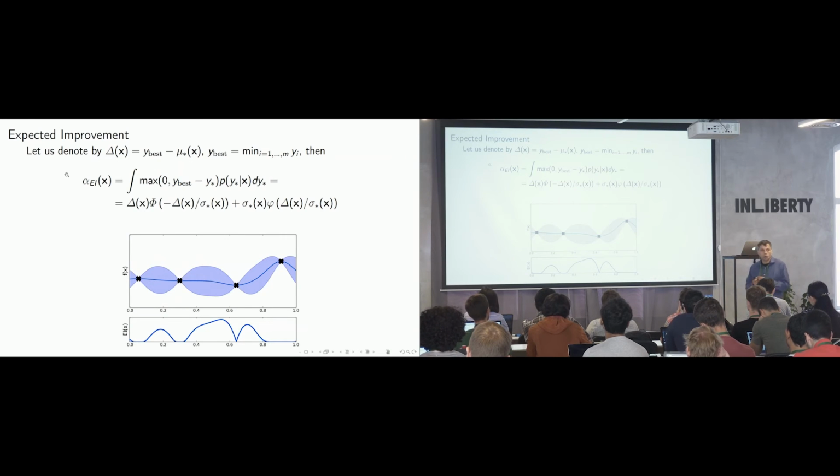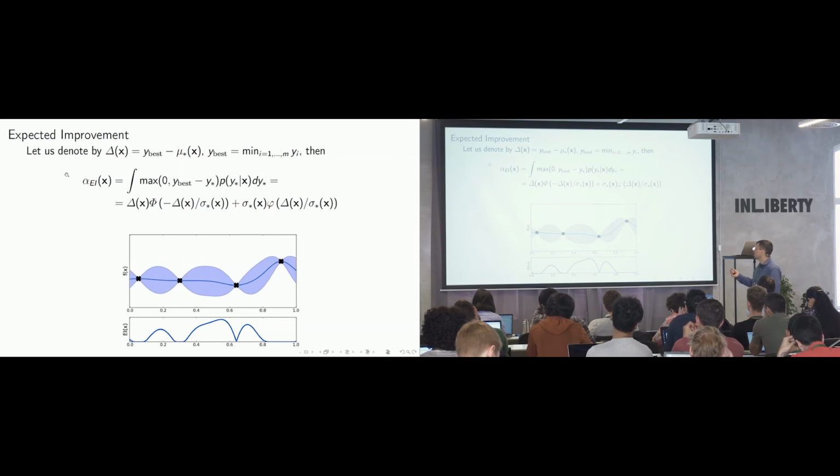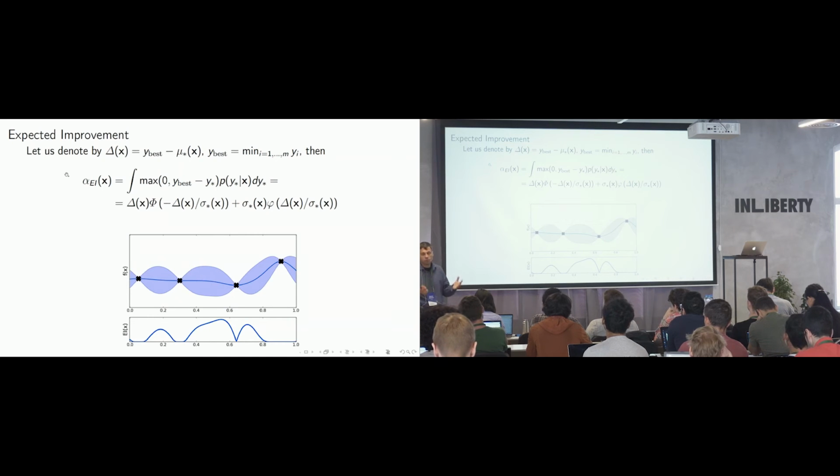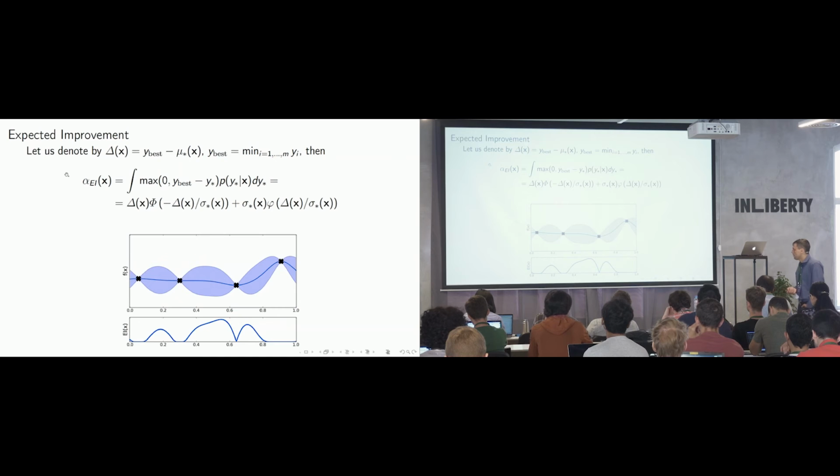What is important is that although the calculation of the real function value on each step of this process could be very time-consuming, the optimization which we use to maximize this acquisition function is very fast, because the acquisition function is an analytical dependency given by an explicit formula, and we can easily calculate it, we can easily differentiate it, and optimize it using any gradient descent algorithm.